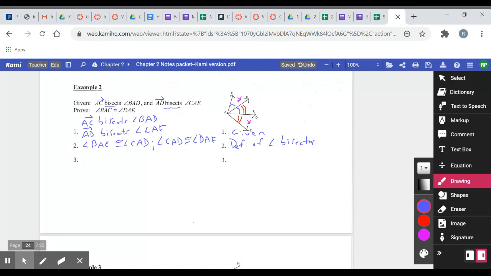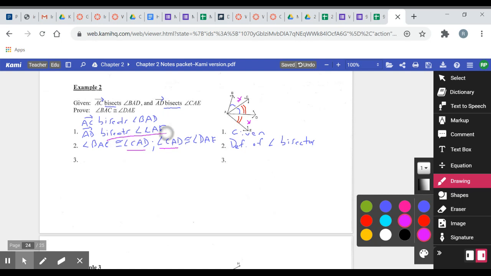Okay, from there, see how if BAC is congruent to angle CAD and angle CAD is congruent to angle DAE, then these two must be congruent to each other. And hopefully you're recognizing that transitive property. Again, transitive property works when there's an equal sign or a congruent sign.